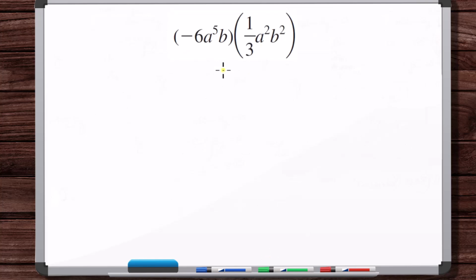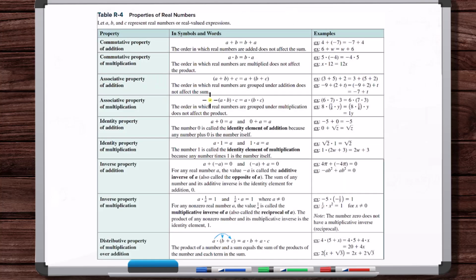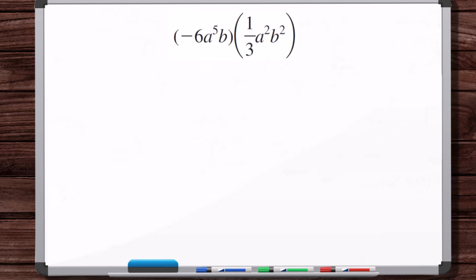Okay, now here let's multiply these two monomials, these single term polynomials. And so this is easy. We're using mainly the associative property. We can reorder the multiplication however we want, right?